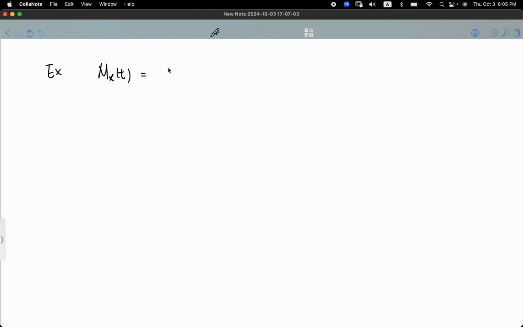And this is equal to the expected value of e raised to the power of tx. And then again, I'm just copying down the definition for the expected value, e^(tx) times x raised to the power of alpha minus 1, dx.